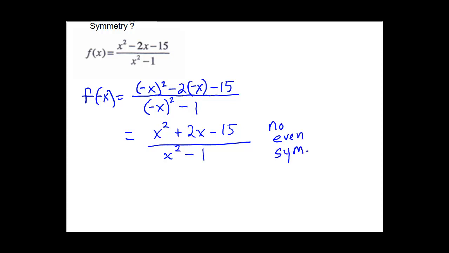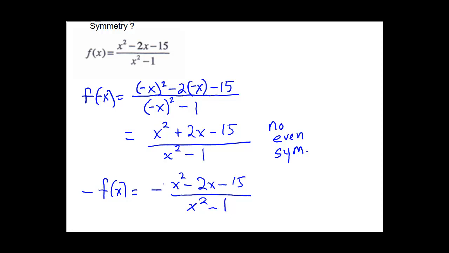Right? And then to test for odd, we'll keep this here, and we want to look at negative f of x. And so we just put a negative sign in front of the entire fraction, and then it could distribute either with the numerator or the denominator, but not both.